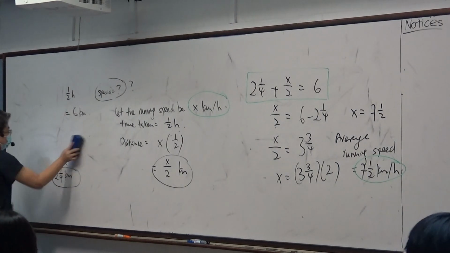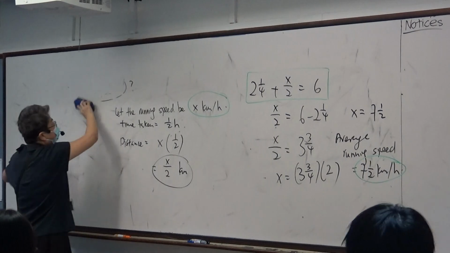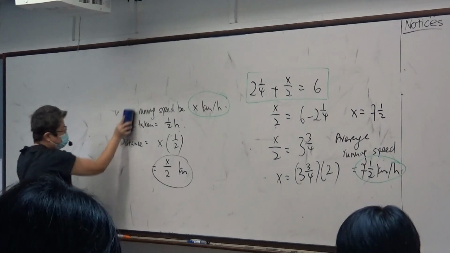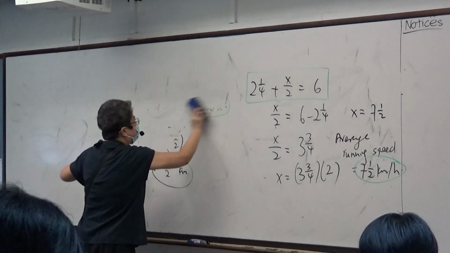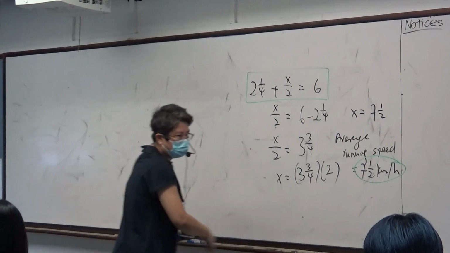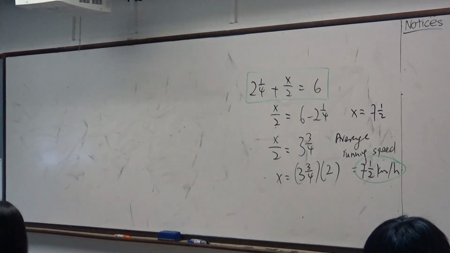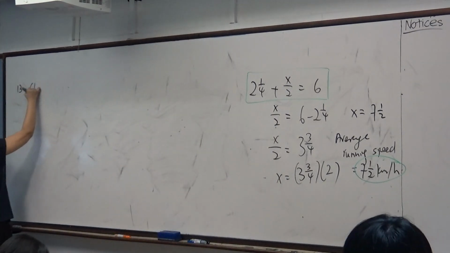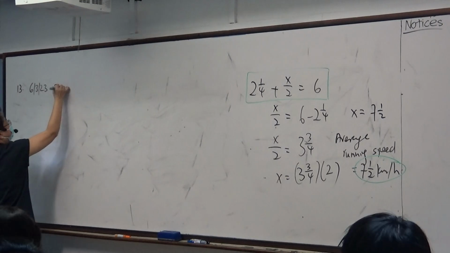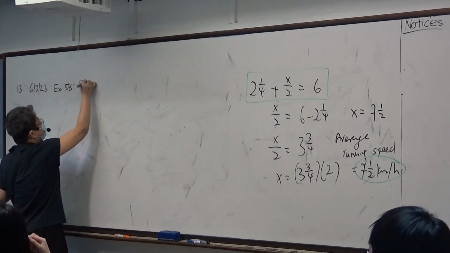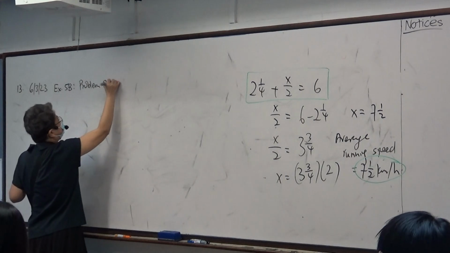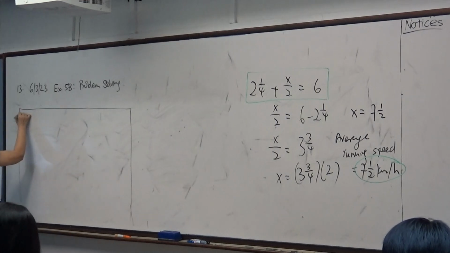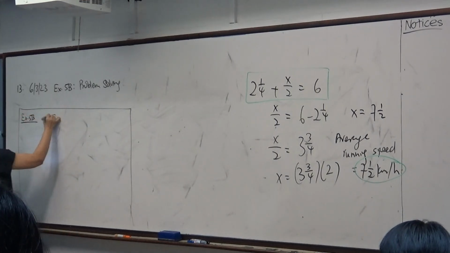Okay, what's the number on the content page now? 13? Okay, good. So, can we write down 13? Today's day. Exercise 5B. Can you write down problem solving? I want everyone to take out a piece of booklet. Exercise 5B.